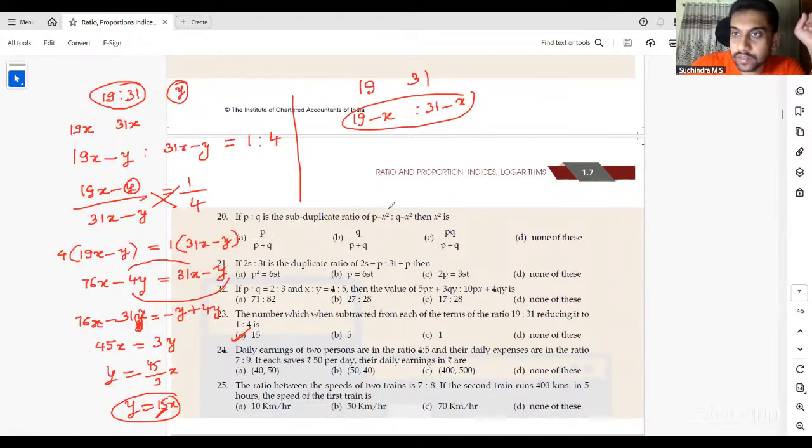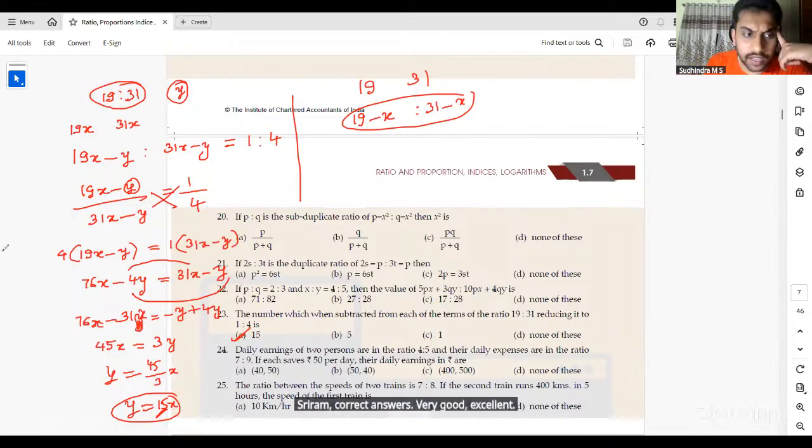Vinyas, Gitanjali, Nandita C, correct answers. Ananya, Shivamanyu, Sriram, correct answers. Very good, excellent. Everyone who has answered, correct.